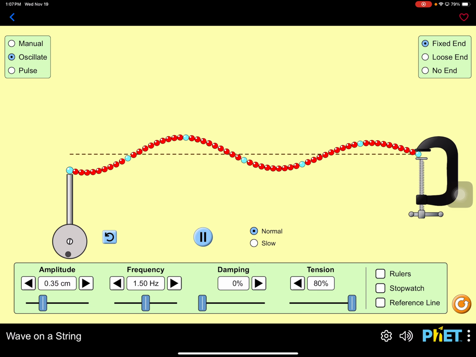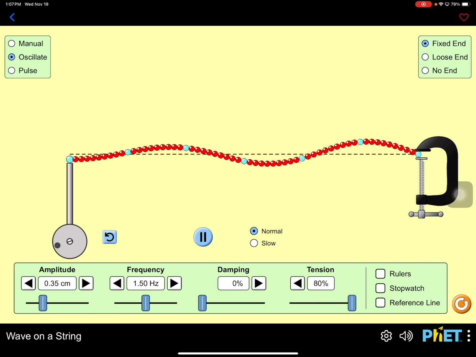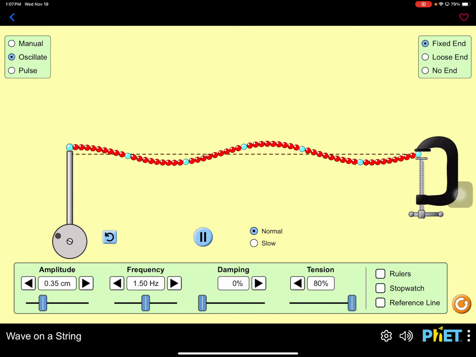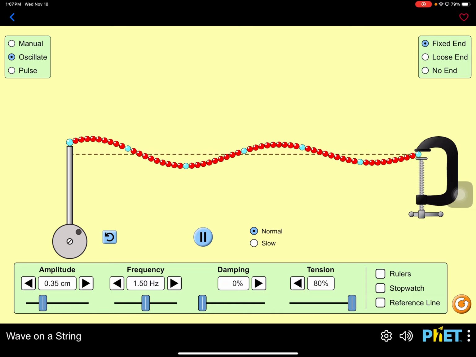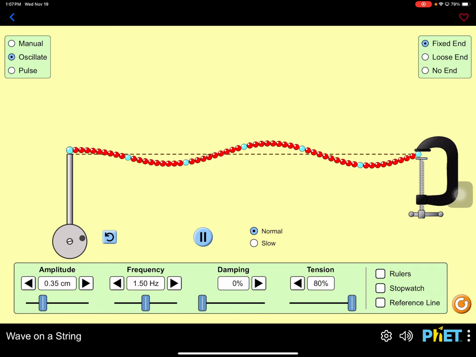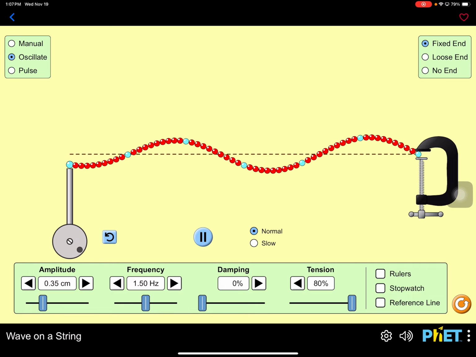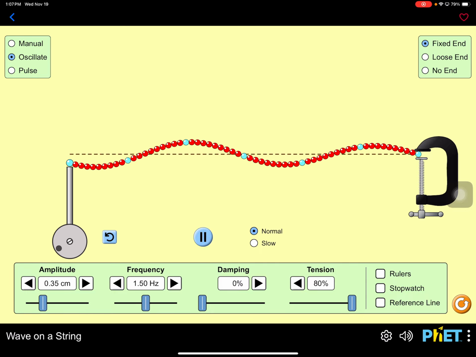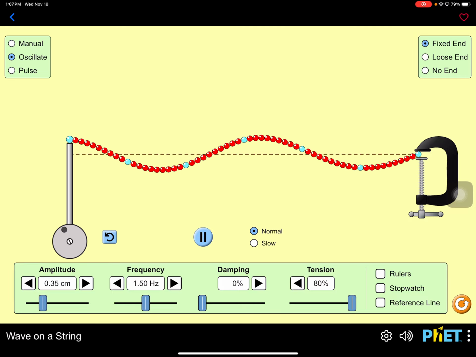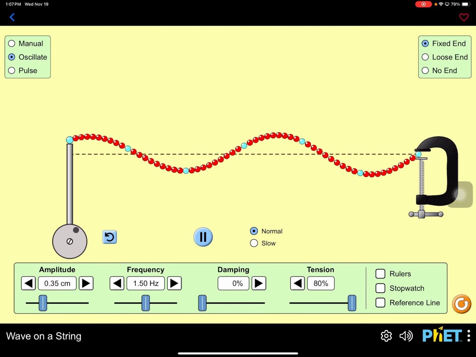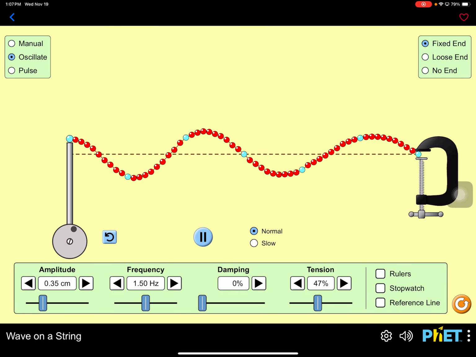Can you send a wave down a cooked spaghetti? No, right? If the tension decreases, the wave travels slower. You have to have tension in the string. So watch this, I'm going to reduce the tension in the string.